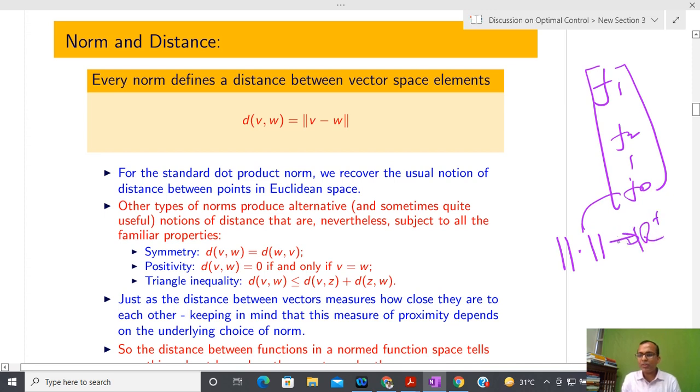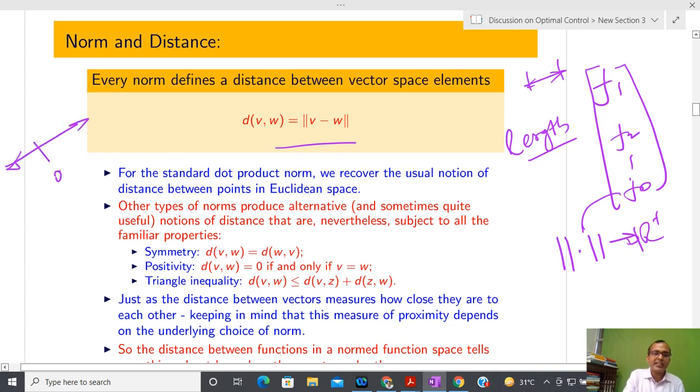So somehow this norm is talking about the length, and you can also think of it as the absolute distance from the origin. But most of the time, to compare two functions, I need the relative distance between two functions, or simply the distance between them. So distance is defined like this. That is just a generalization of the classical way to measure distance. Suppose I have a real line, a one dimensional line, and a and b are on it.